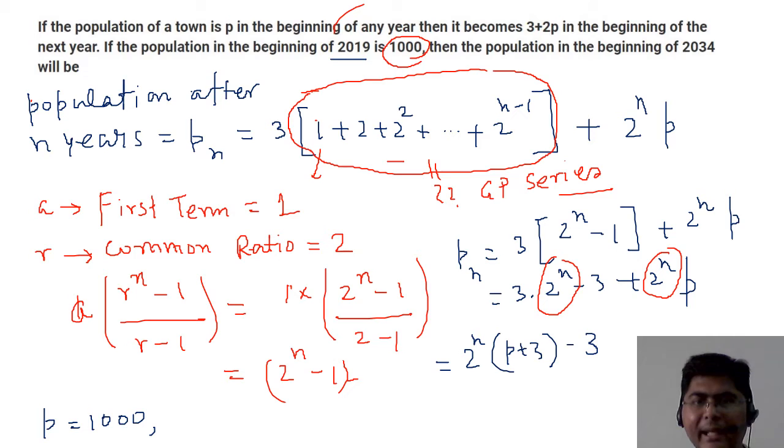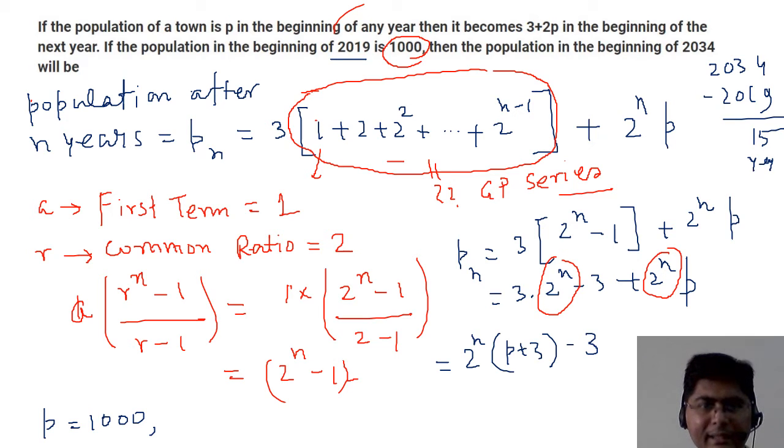And what is the N? That means after N years. See, look at 2019 to 2034. So what is this amount? 2034 minus 2019. So basically I'm talking about 15 years. So I can say that N is equal to 15 years.